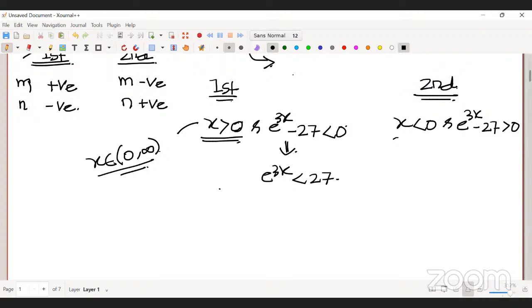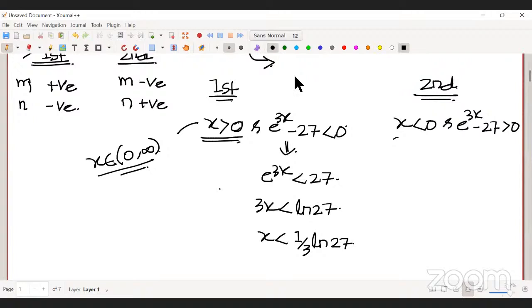Right? That means if I take the natural log, what will I get? 3x is less than ln of 27, right? And now x is less than 1 by 3 ln 27.